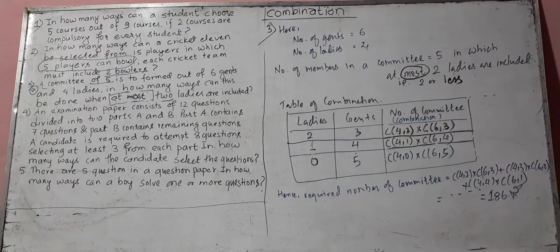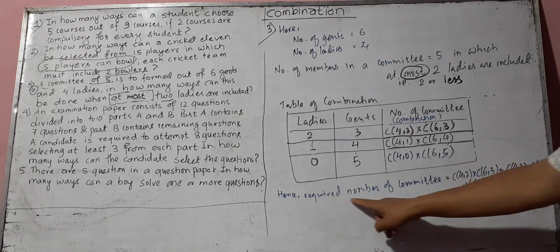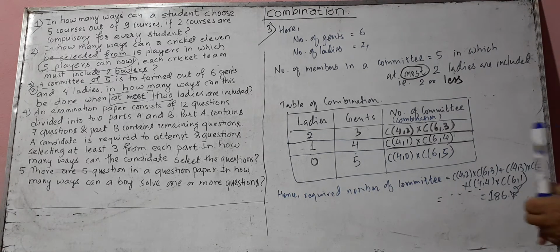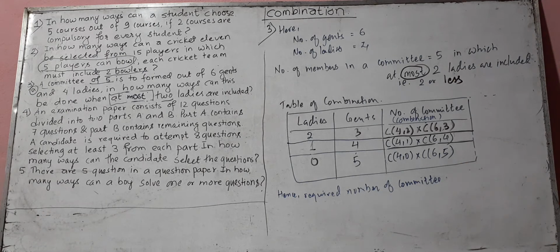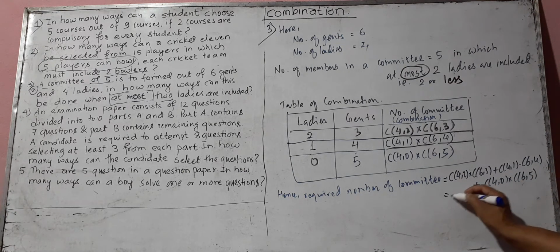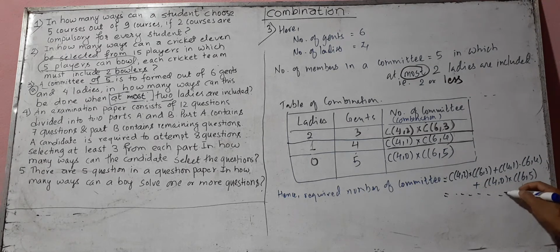These combinations give the required number of committees, which is equal to C4,2 into C6,3 plus C4,1 into C6,4 plus C4,0 into C6,5. The calculation is left as an exercise, and the result is again 186.